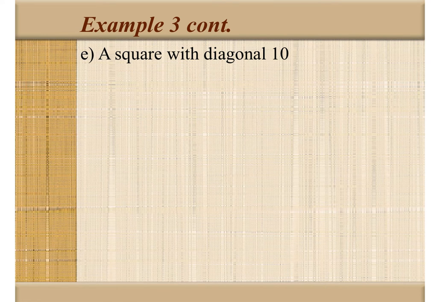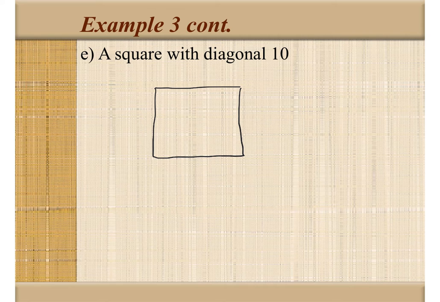All right, so let's draw a square. Is a square a regular polygon? Yeah. How do you know? Because it's all congruent sides. Bingo. It has all congruent sides.